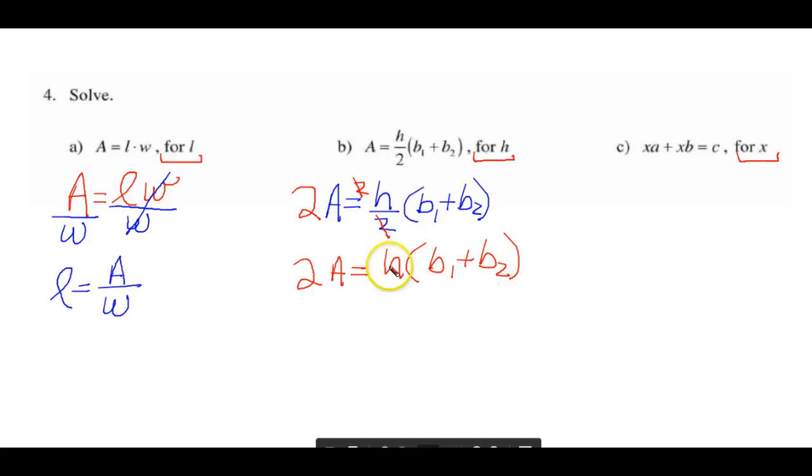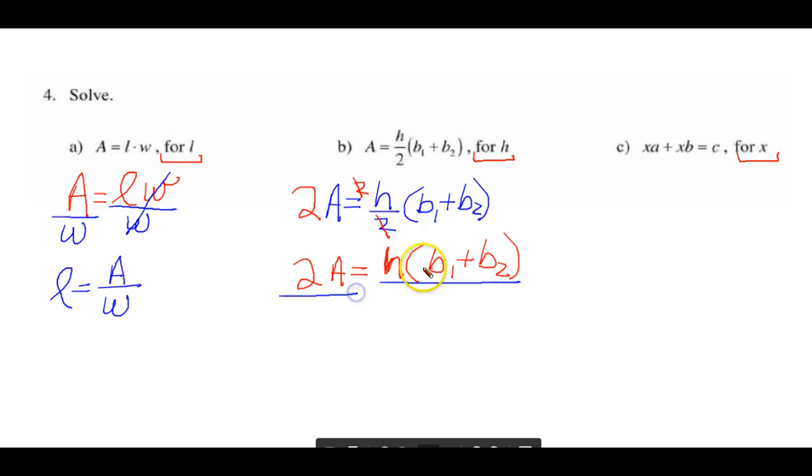And I'll give you some time to copy this down. Now we're looking to get the H by itself. Now this is H, kind of a funny looking H there, that's better, times this. Well, how do we get rid of that? Well, again, we just divide it out.